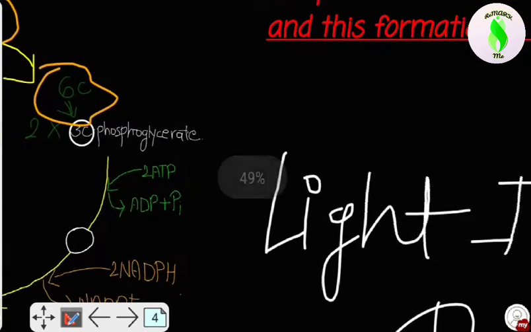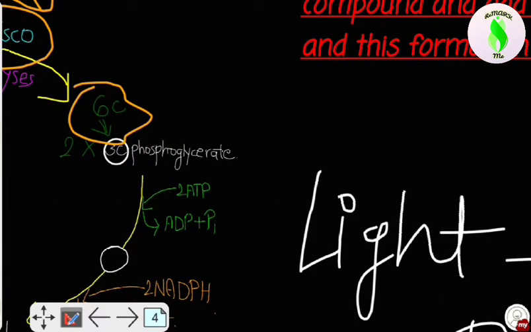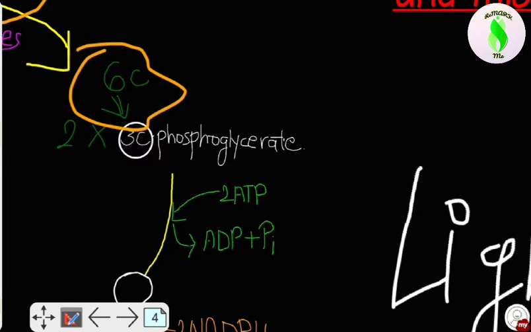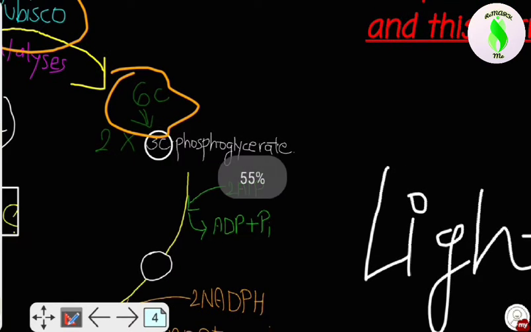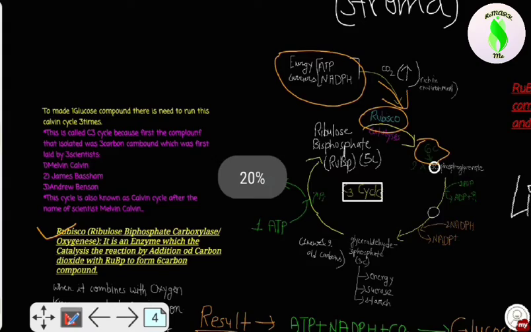Now you can see over here, this 6 carbon compound is split to form 2 molecules of 3 carbon phosphoglycerate. This 3 carbon compound was first isolated from the 6 carbon compound by 3 scientists. Who are the 3 scientists?